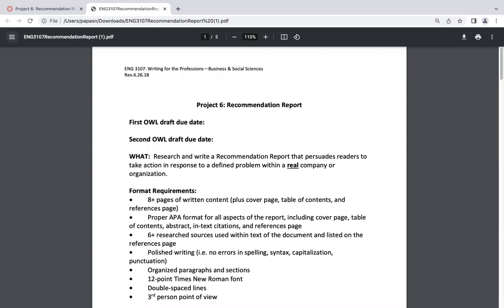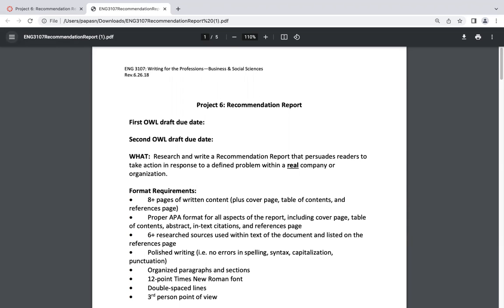Now, basically, the purpose for your recommendation report is to persuade that audience to accept your solution, which may also be persuading them to accept that there is a problem. But most of your report will be focusing on really that one task, to say that this is what needs to be done.